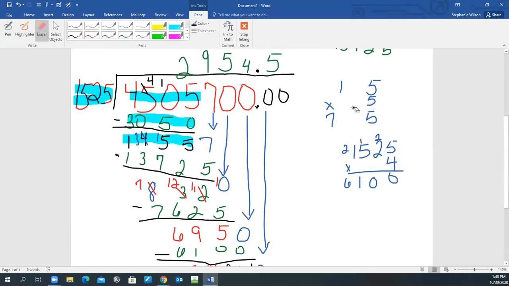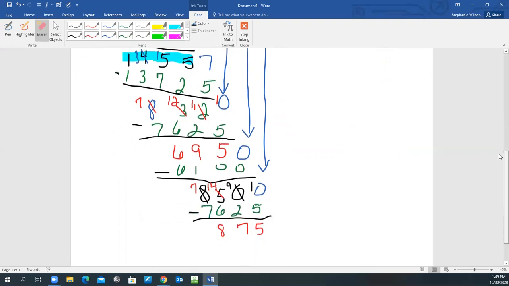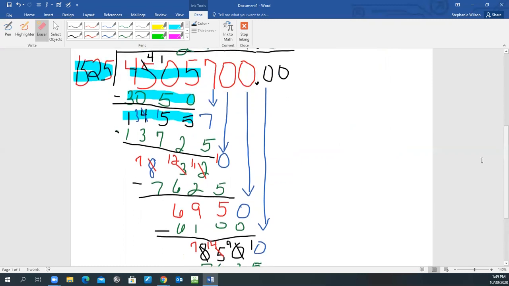So let's clean this all up right quick. And I probably needed that because we have, let's look at this answer, our remainder down here. It said 875, and we're gonna bring down this 0 here. Bring it down.